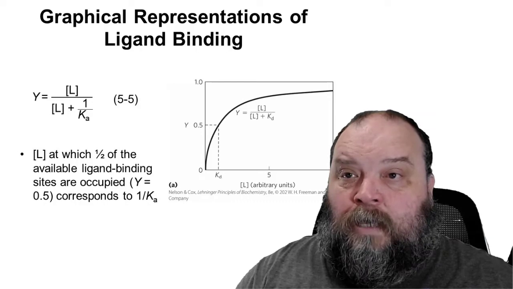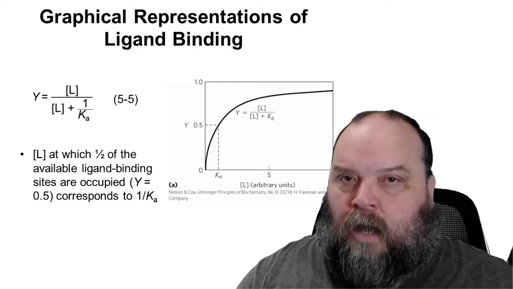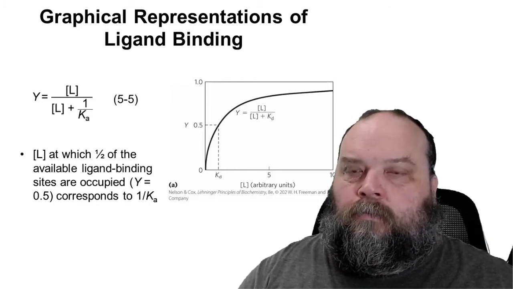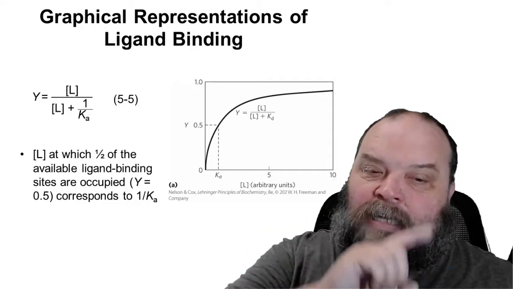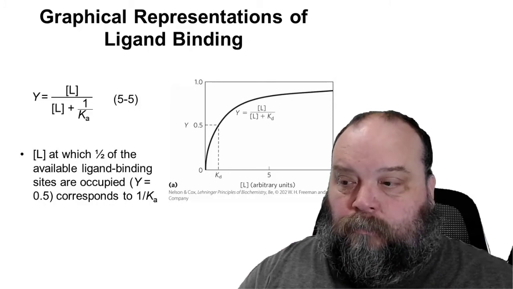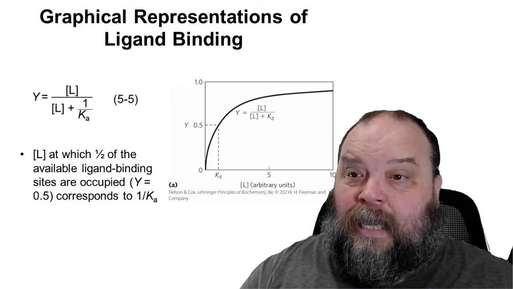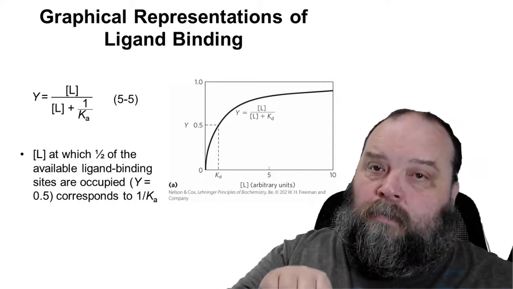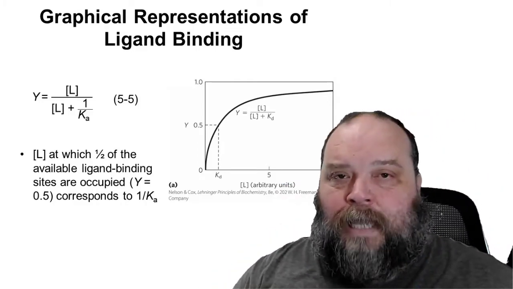To be equal to 1 means that all binding sites have bound ligand. That won't occur. It'll approach 0.99999, but it'll never be 1. Depending upon what the protein is and what the ligand is, that arc could be nice and gentle, or it could go straight up, approach 1, and then flatten off, plateau.